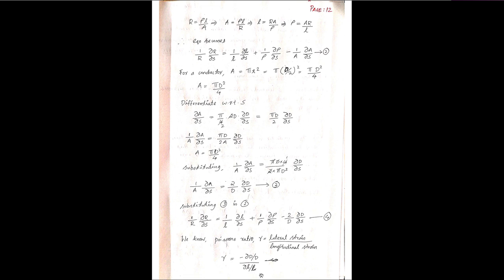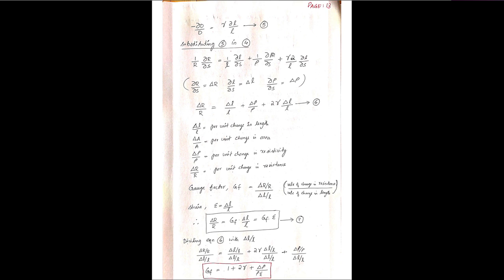Lateral strain, we have already told, is the change in the lateral direction, that is in the direction of diameter, that is minus dou d by d. And longitudinal strain is the change in strain in the longitudinal direction, in the direction of length, so dou l by l. So Poisson's ratio is defined as minus dou d by d divided by dou l by l.